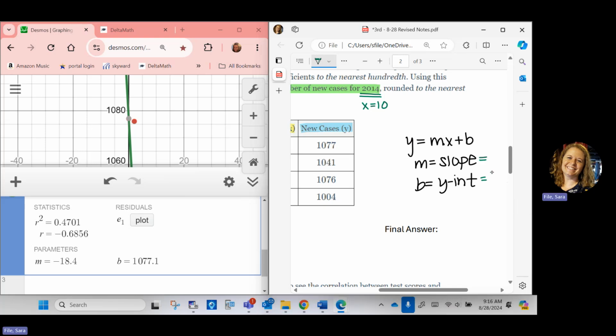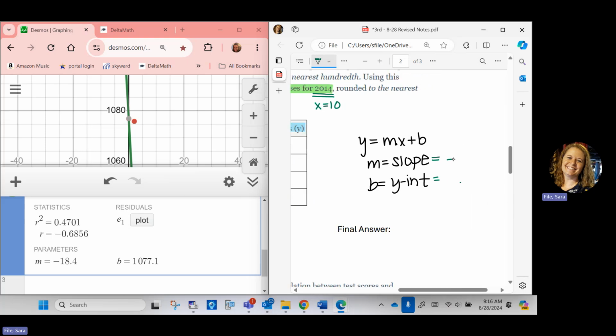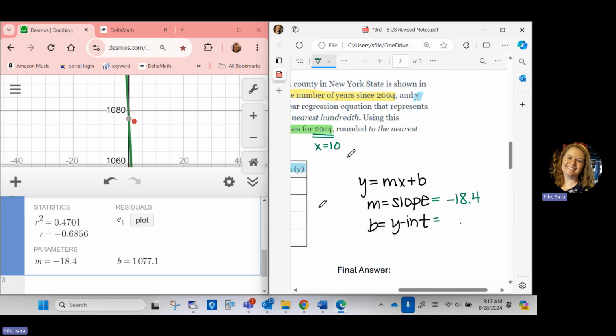The slope is negative 18.4. Now this is what I was referring to when I said sometimes you won't have to round, because they just told us 18.4. It said to round to the nearest hundredth up here. This is already to the tenth. I have no hundredth, so this is fine. I'm just going to leave it as negative 18.4.